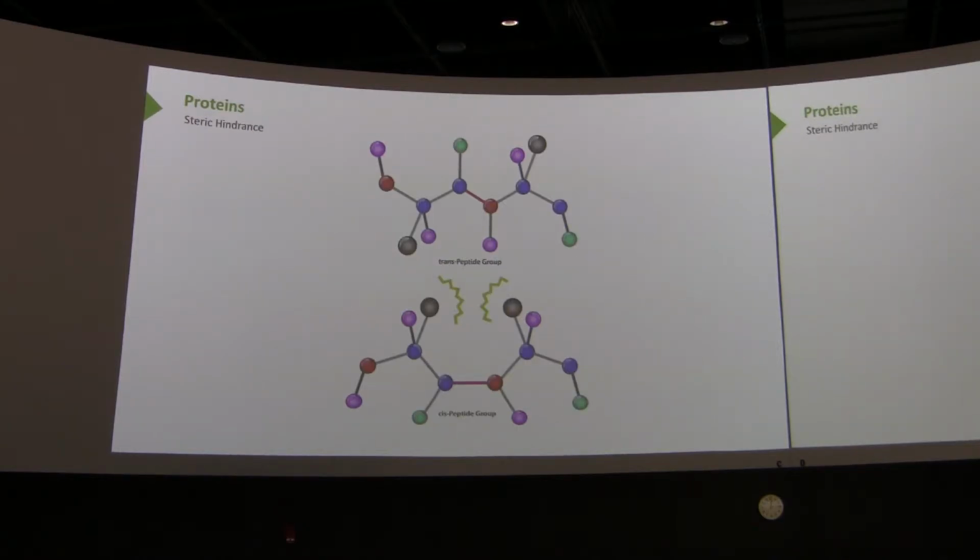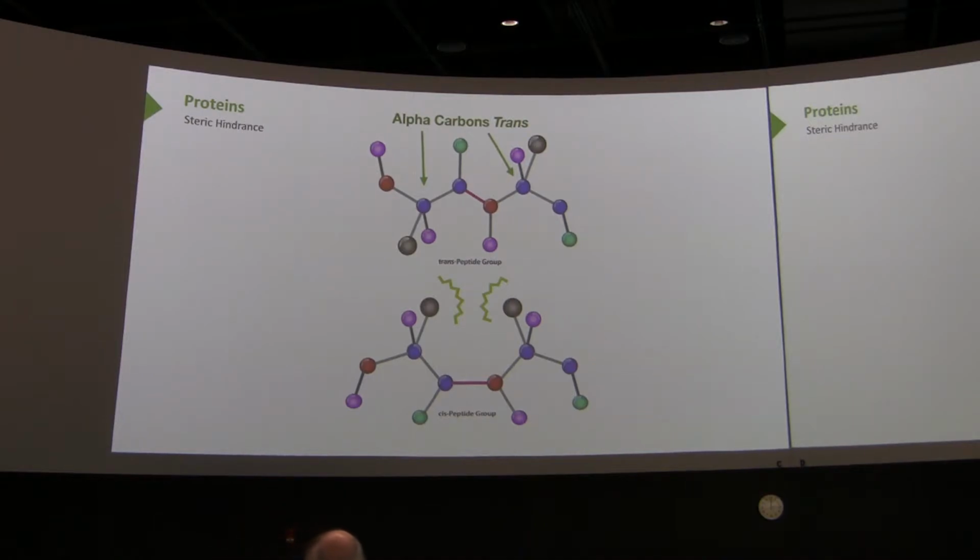The reason is here. We can see the same backbone structure, the peptide bond in red in the middle. We see it in the trans configuration on top, and we see it in the cis configuration on the bottom. You can see those blue balls there. Those blue balls are, in fact, the alpha carbons.